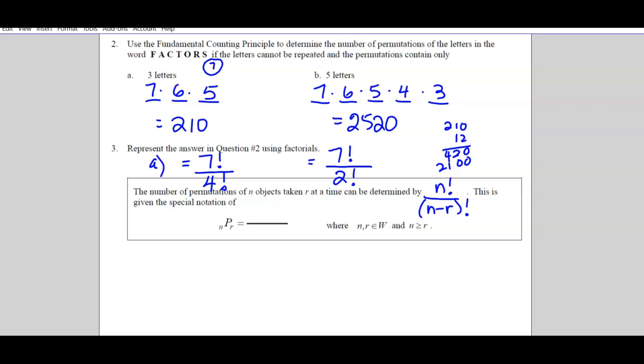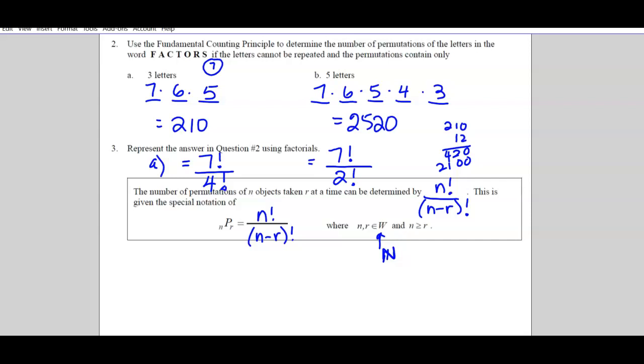And that's the definition of this P notation, permutation notation. nPr is n factorial over n minus r factorial. Okay? And for you guys in IB, remember we use whole numbers, we use natural numbers, but anyway.